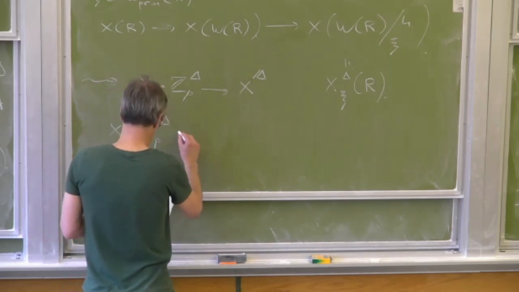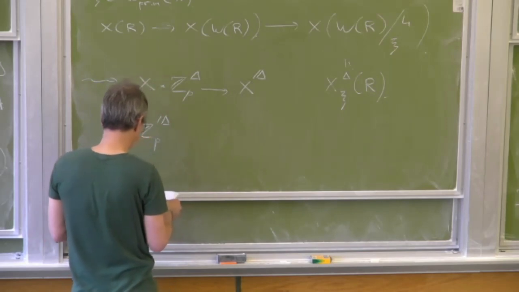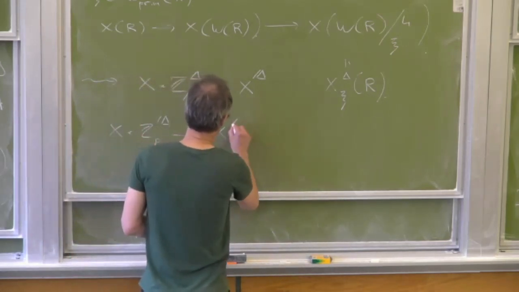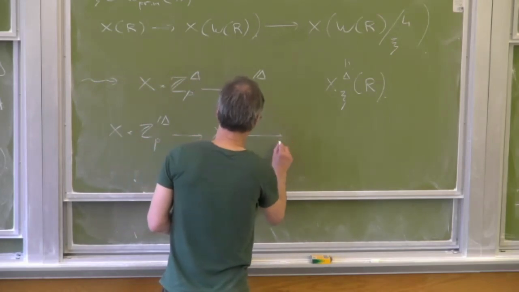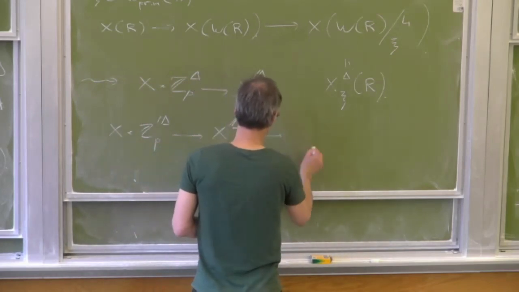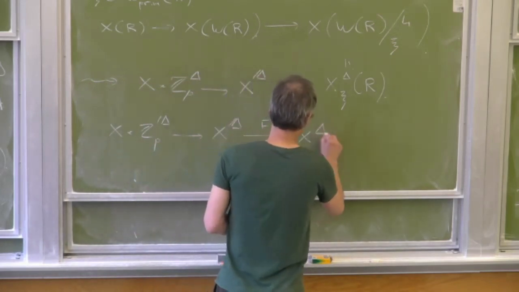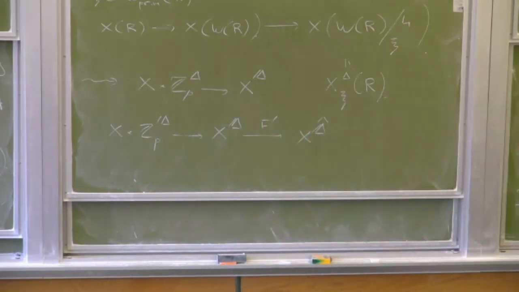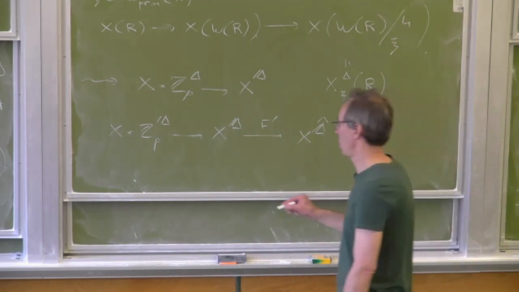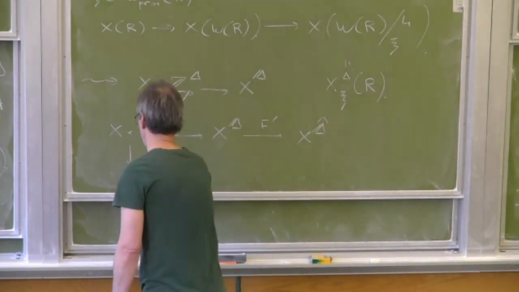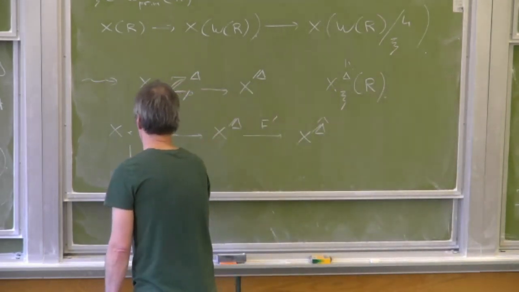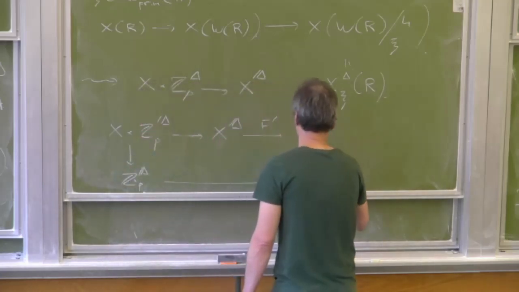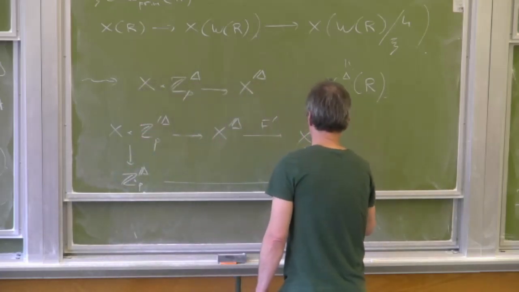So first of all, I can map this to X prism, and then I can use F prime to map it to X sheared prism. So this lives over CP prism, and this lives over CP sheared prismatized.